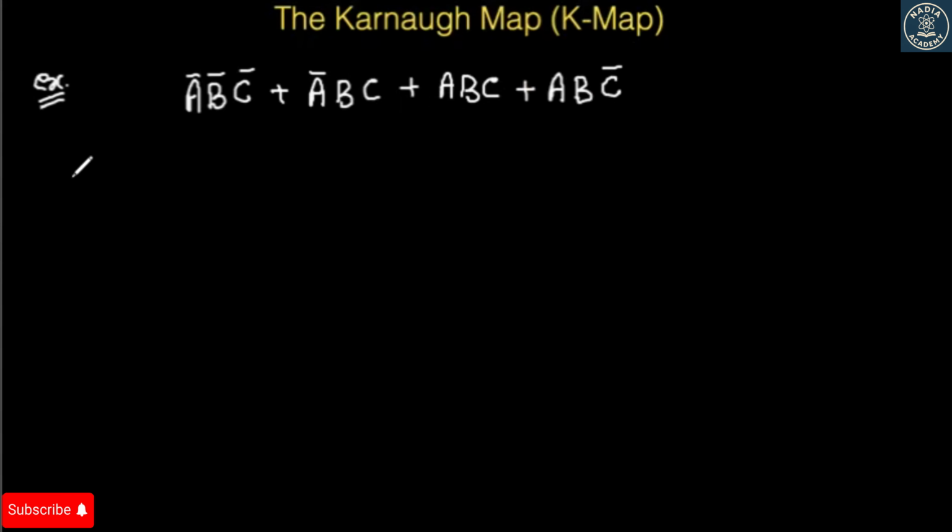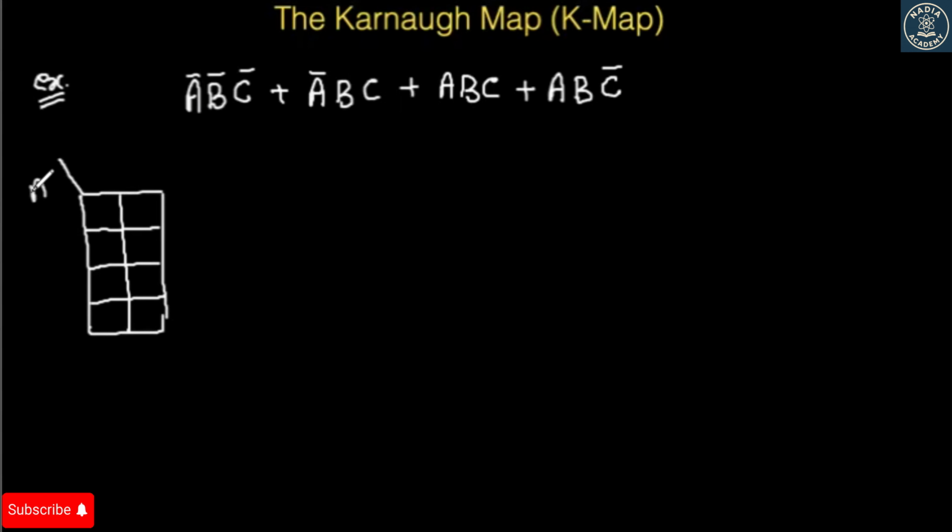So we will have this 8 cell K-map. In this case, we will have only 2 power 3 cells, meaning 8 cells. 4 you can put vertical and 2 horizontal. So these are our total 8 cells. So lower AB, because we have a 4 here, and C over here.